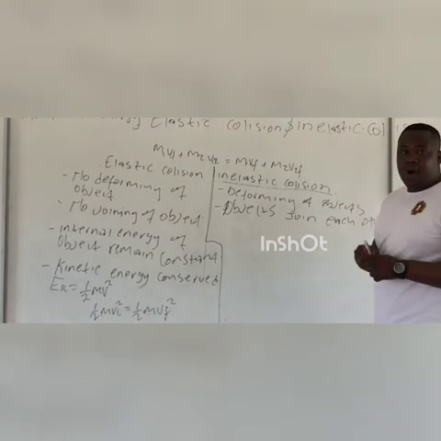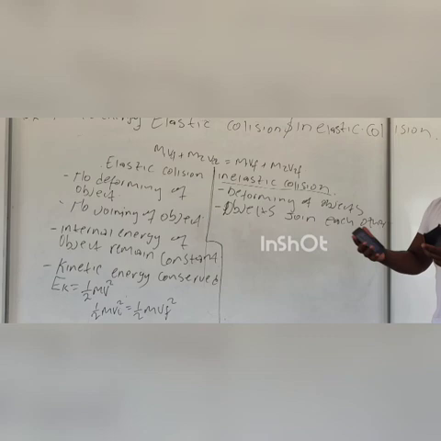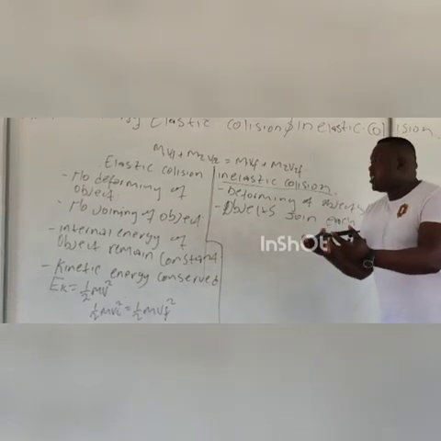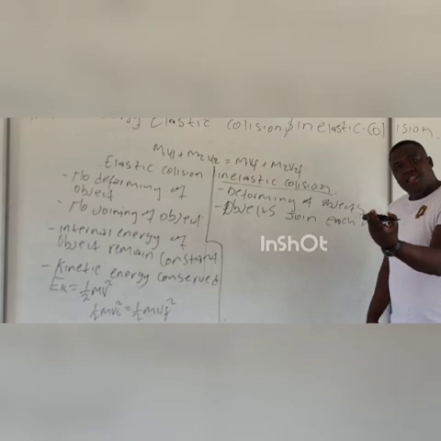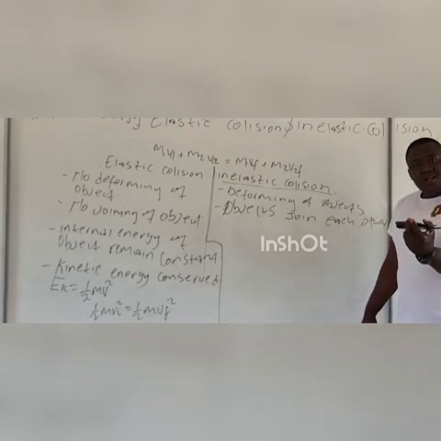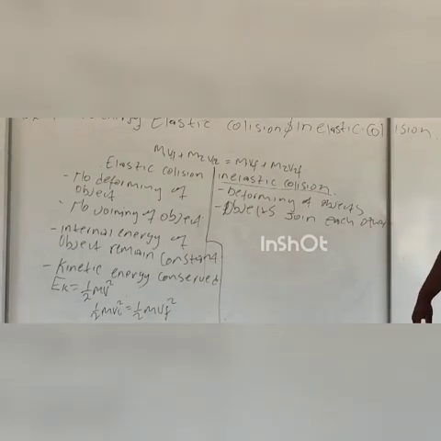What do we mean by objects joining each other? What I'm saying is that the objects form one thing. During the collision, which is inelastic, the objects join, they form one thing. You understand? They form one thing. That's what we mean by objects joining each other.